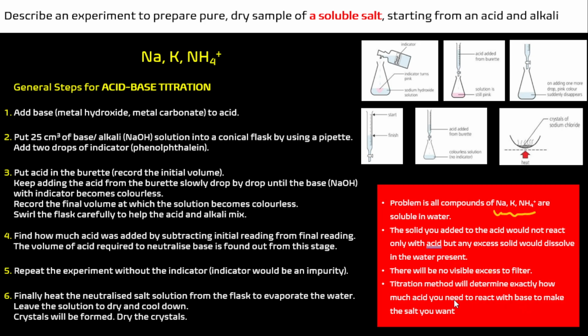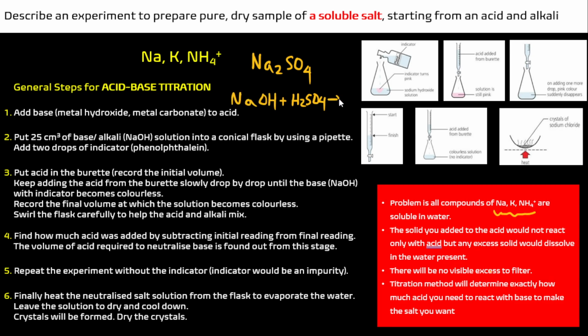So for example, let's say I want to produce sodium sulfate. I simply can't react sodium with sulfuric acid because sodium is very reactive and the reaction will be very explosive and dangerous. That's why I need to use an alkali, which is sodium hydroxide.